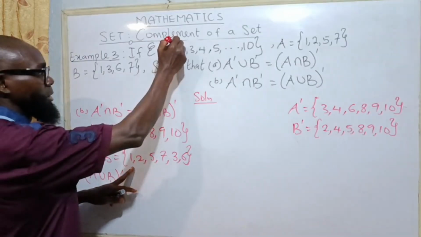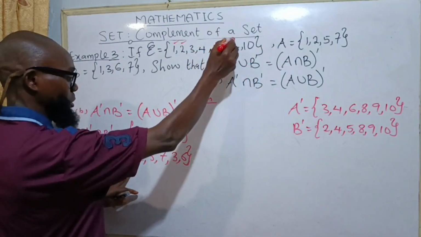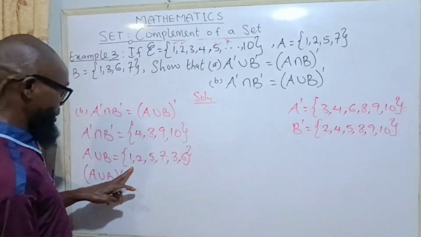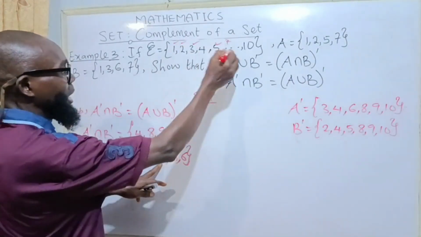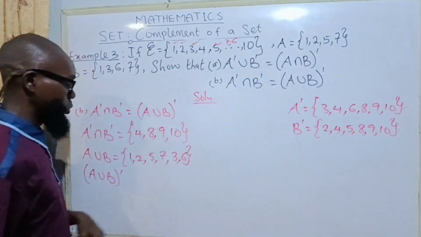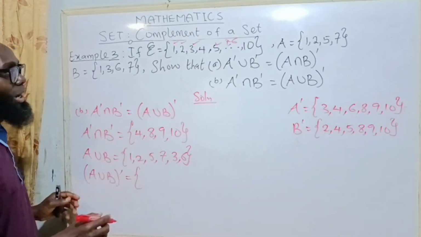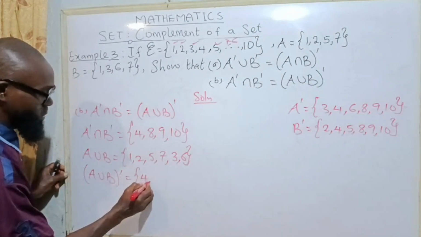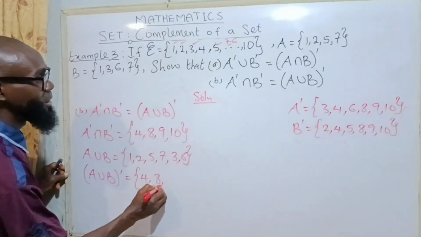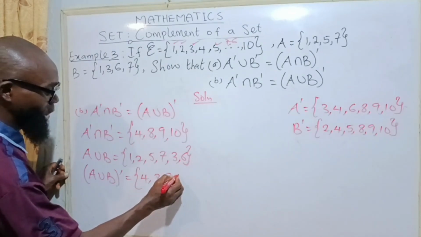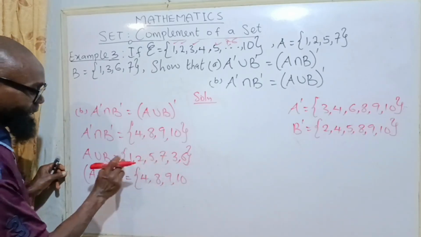Removing 1, removing 2, removing 5, removing 7, removing 3, and removing 6. So what is going to remain? We are going to have 4, 8, 9, and 10.